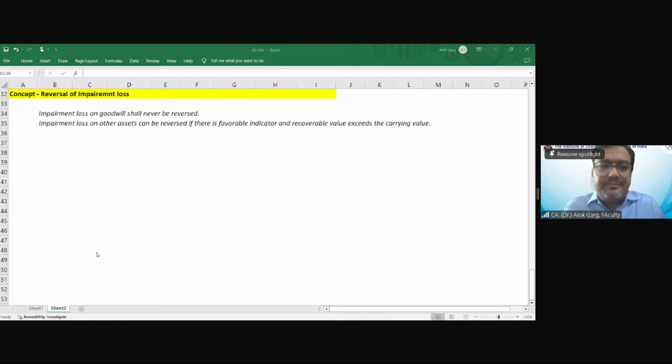Let's say there is an asset, over years 1, 2, 3, 4, 5. The cost of the asset is 1,20,000. The life is 5 years.